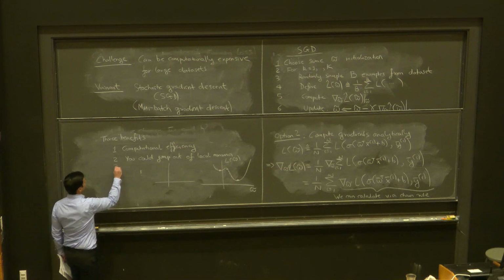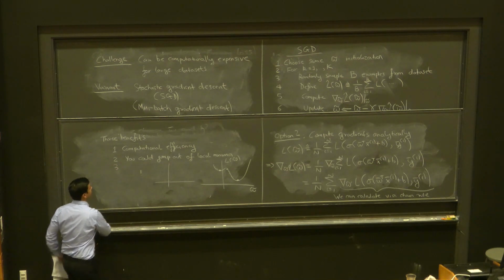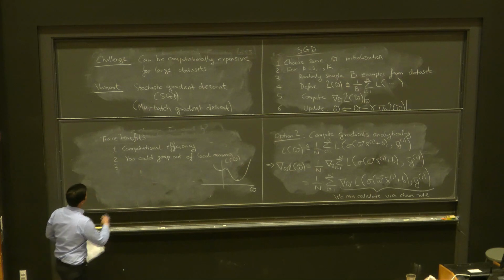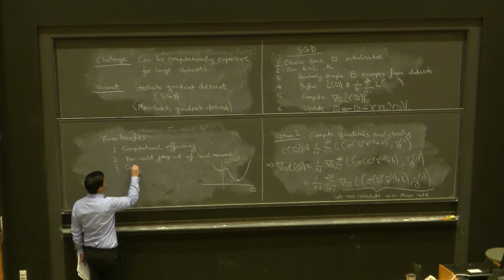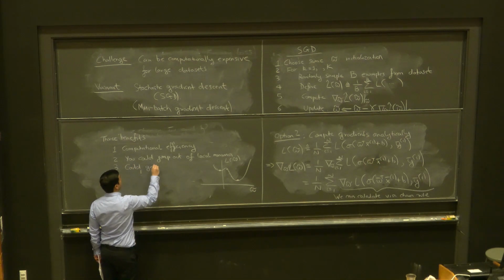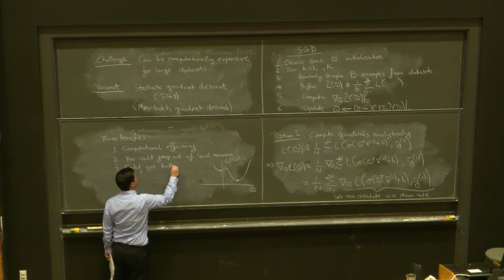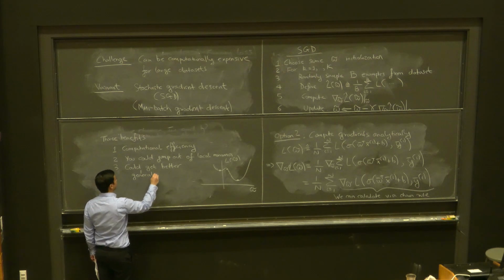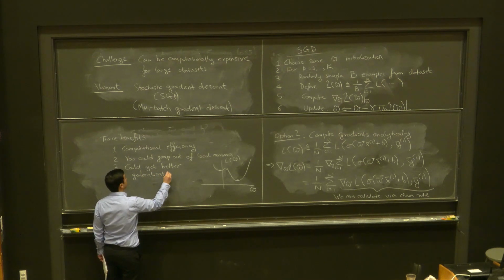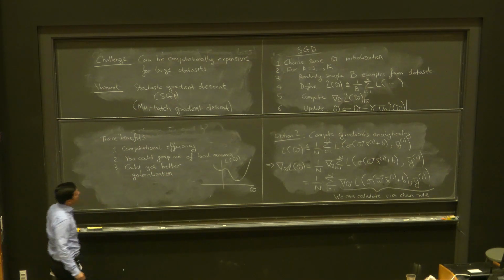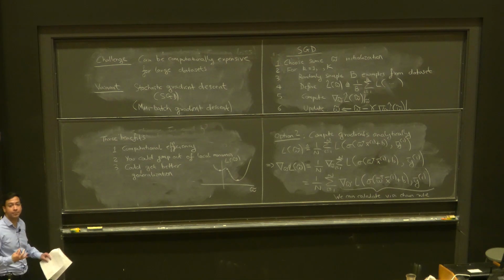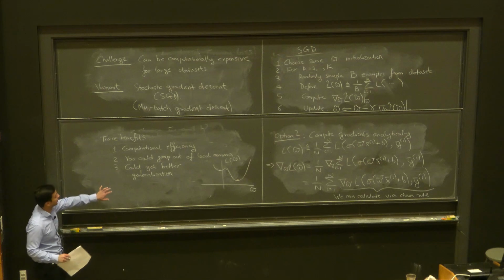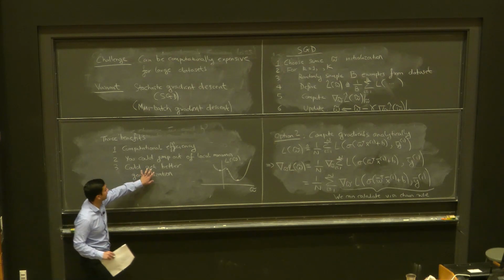So let me add the third point, because 2 and 3 are kind of coupled, which is that you could get better generalization. We haven't really talked about generalization yet. We're going to spend some time talking about it much more deeply in the next lecture. I briefly mentioned it in the previous lecture.